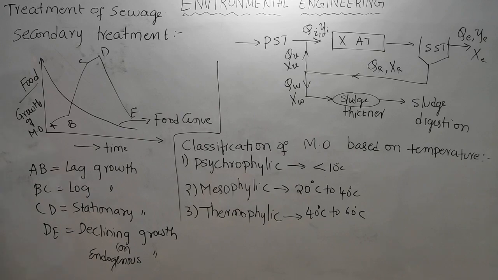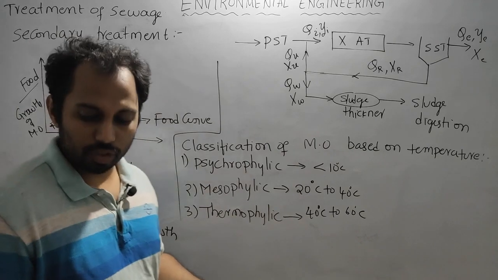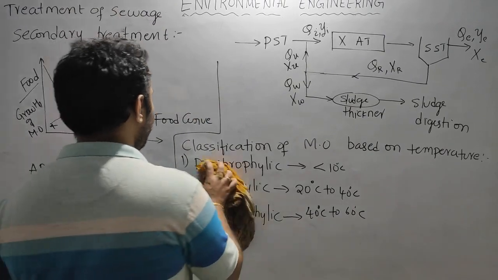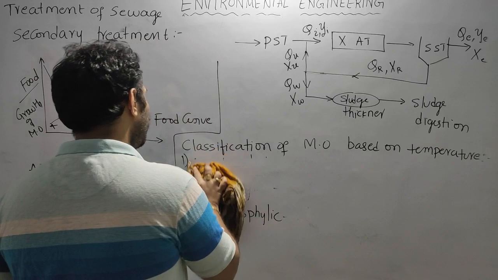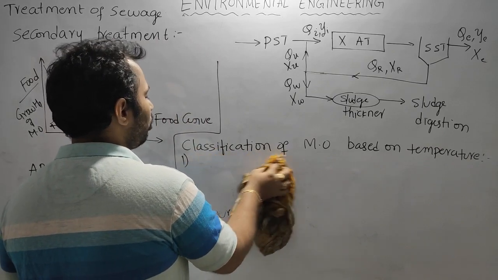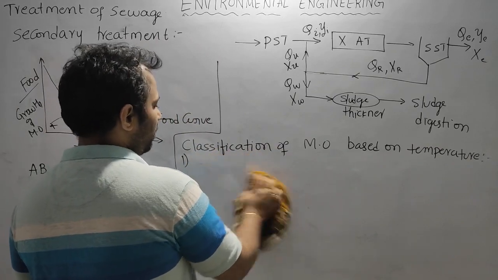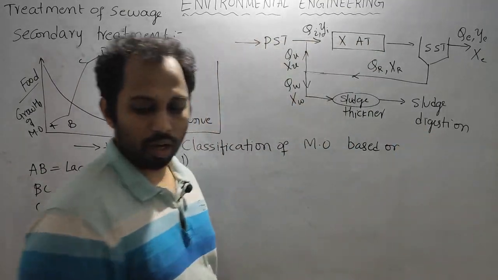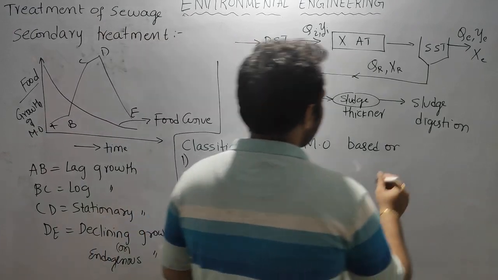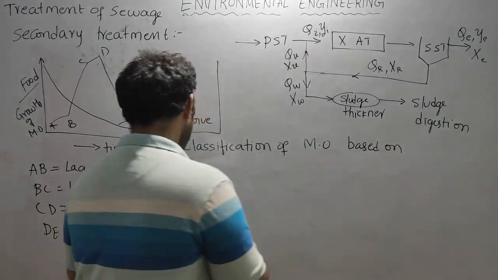Again, depending upon how it develops its food, if it can develop its food on its own, then it is called an autotroph. If it cannot, then it is a heterotroph. Generally the microorganisms derive food from organic matter, so they cannot create food on their own.